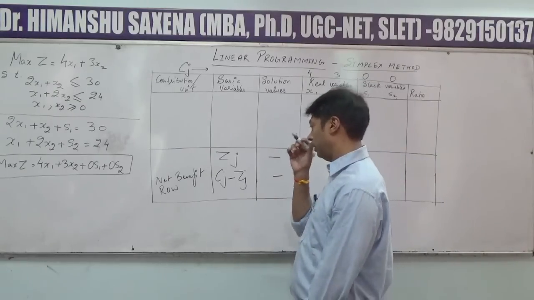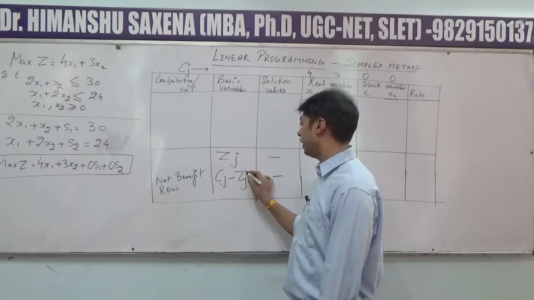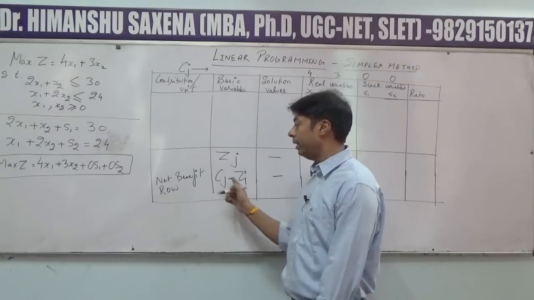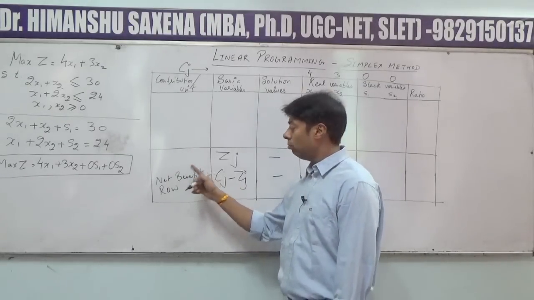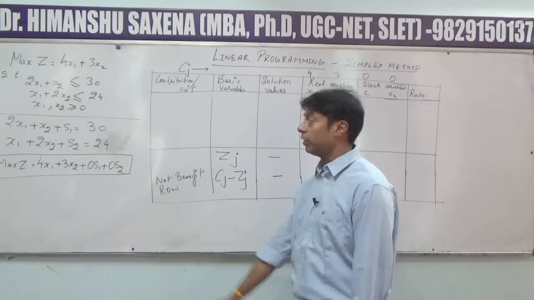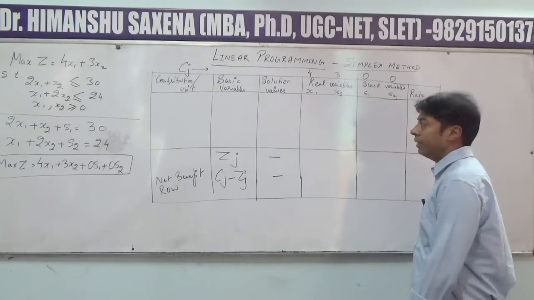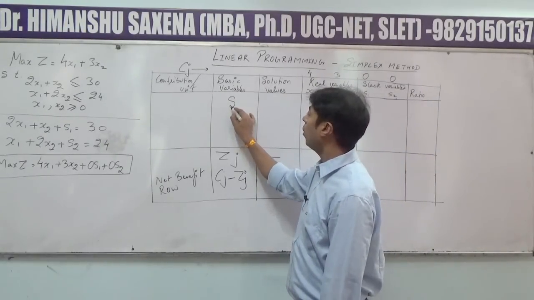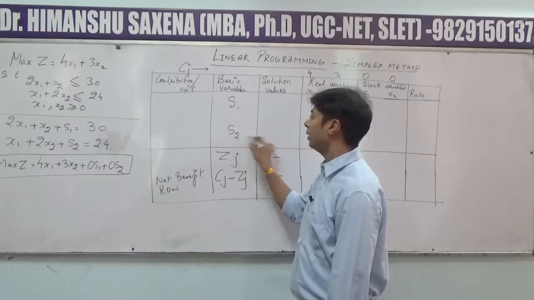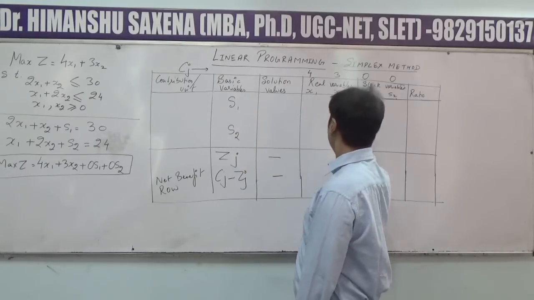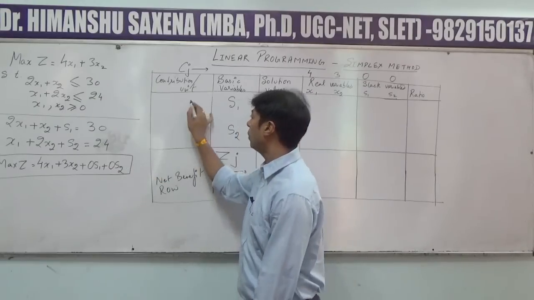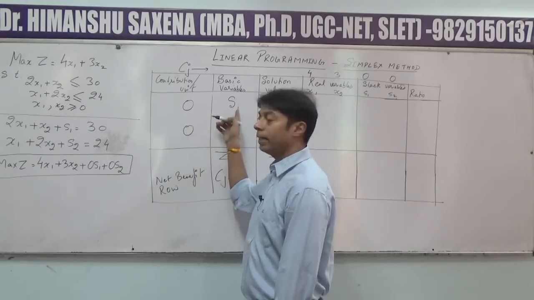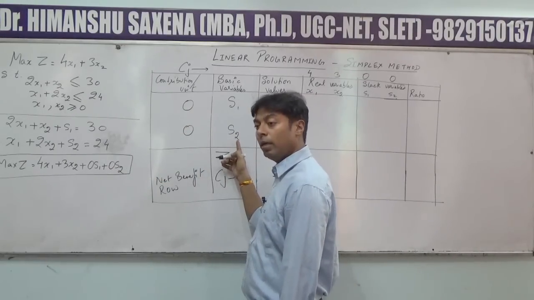Please take down the full form for Cj minus Zj: Cj minus Zj represents the net benefit row or net evaluation row. Now please concentrate. Initially the basic variables are always S1 and S2, and their contributions were 0 for S1 and 0 for S2.